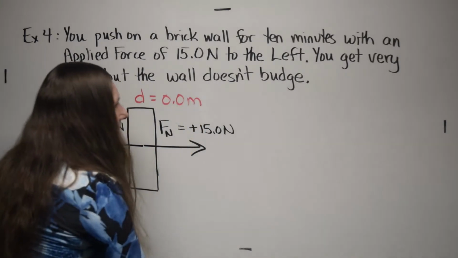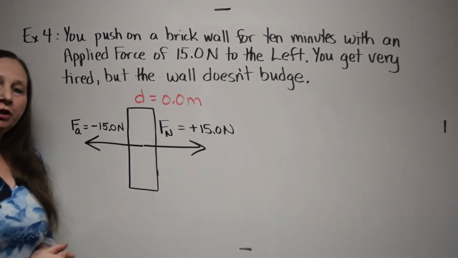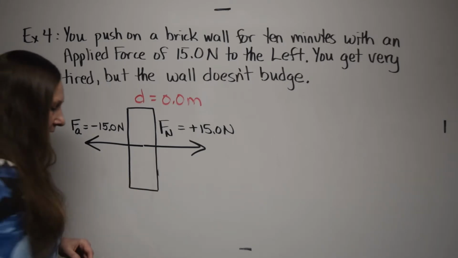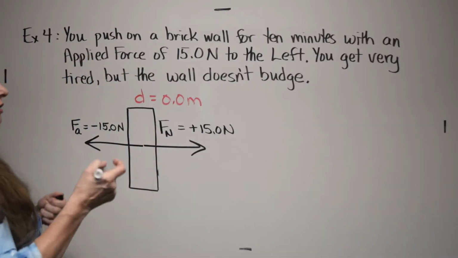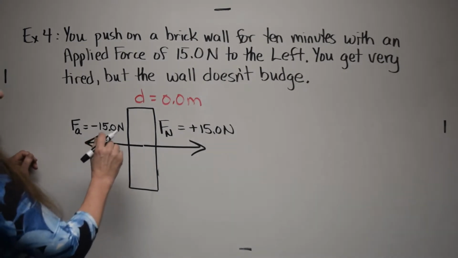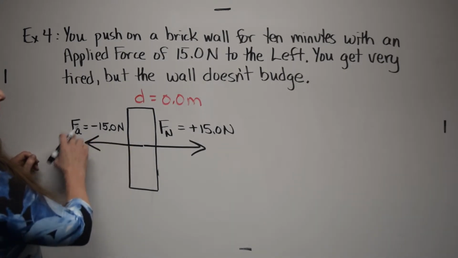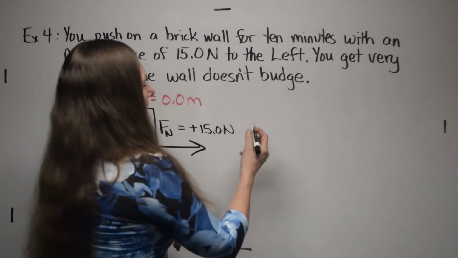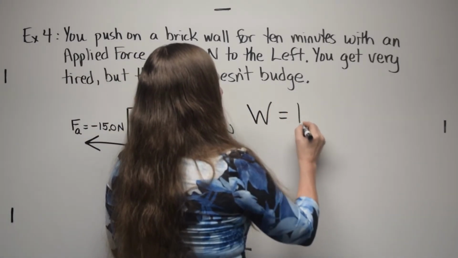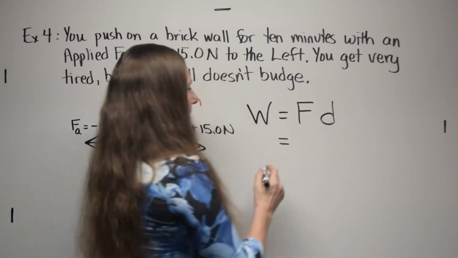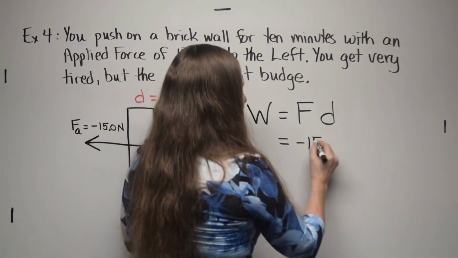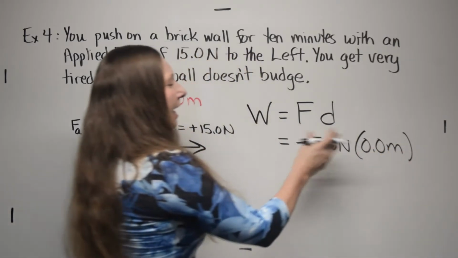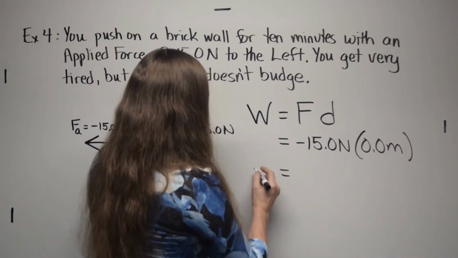Now, right away, you know that since there is no displacement, the wall is not moving, no work is done. But if we were to start trying to do a calculation, taking this force and multiplying it by a displacement of 0, which, mind you, we don't even know what the direction is, you would find, since work is force times distance, and the force is negative 15 newtons, the displacement is 0 meters, well, anything times 0 is going to be 0.